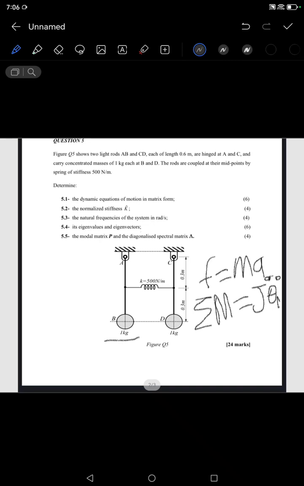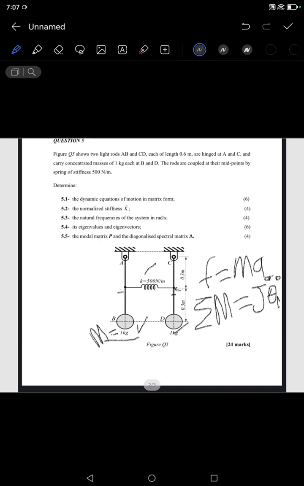We also have point masses at each end, so mass m equals 1 kg at points B and D. We are also given a spring stiffness k equals 500 Newton per meter. It connects the midpoints of the rods, so it's in between.